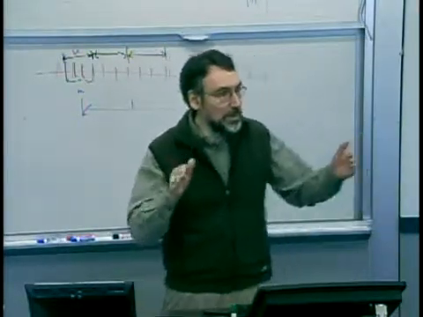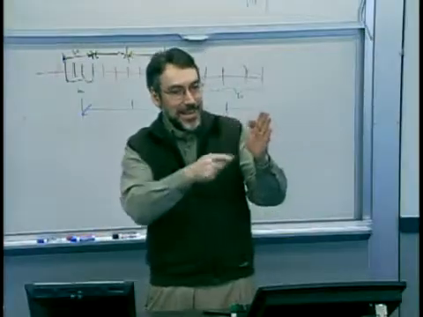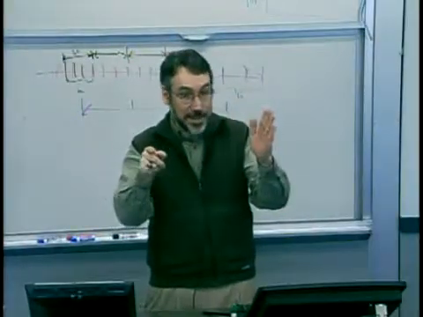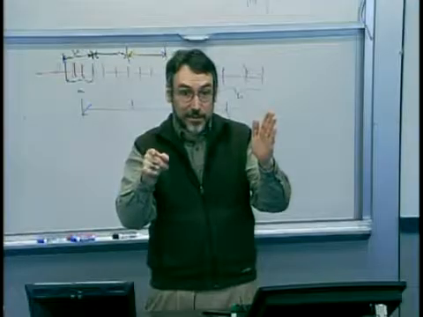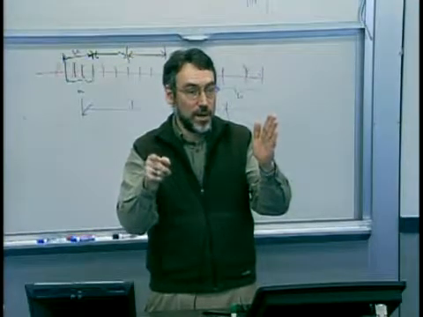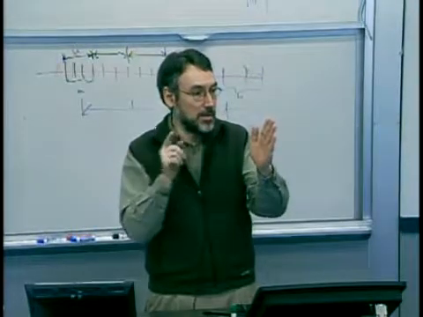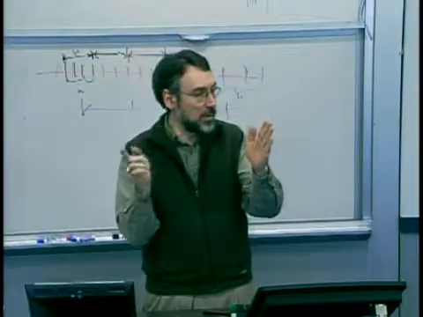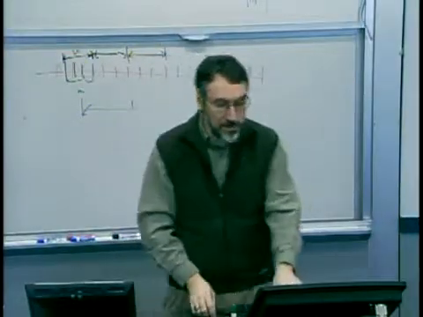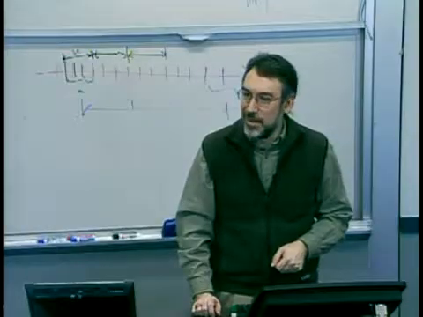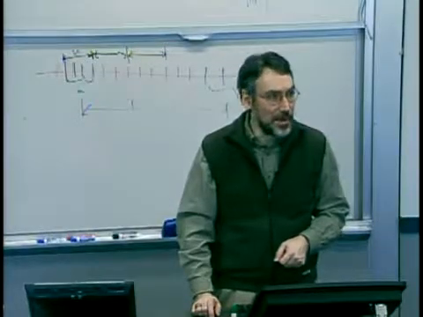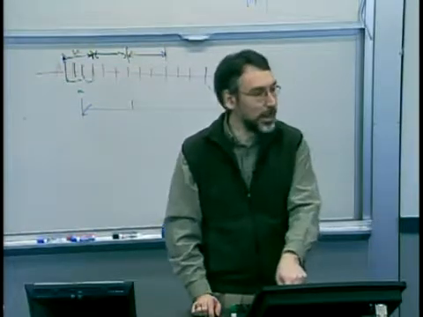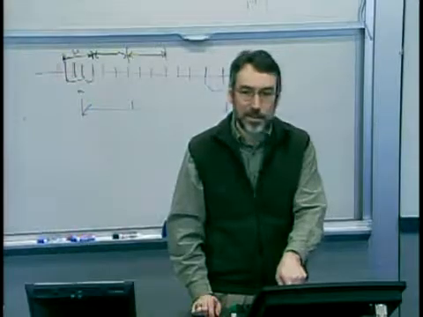CPK of 2 means my mean is 6 sigma away from either my minimum distance from my upper or lower spec limit. And that's a very small number. That's really 6 sigma away, or about 1 part per billion, 10 to the minus 9.